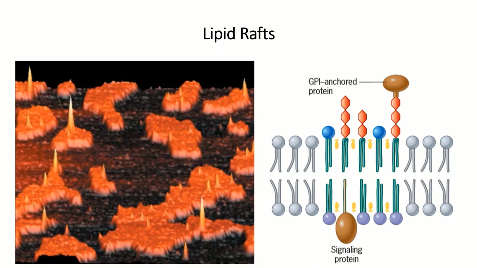We call these lipid rafts. The lipid rafts usually contain a lot of cholesterol, as we see here in yellow. And then there are also certain types of proteins that are associated with the lipid rafts. The surrounding ocean is actually the normal phospho and sphingolipids.